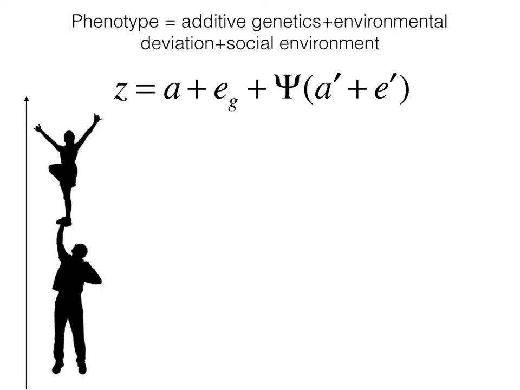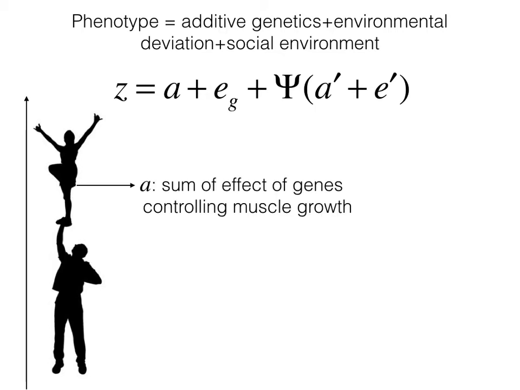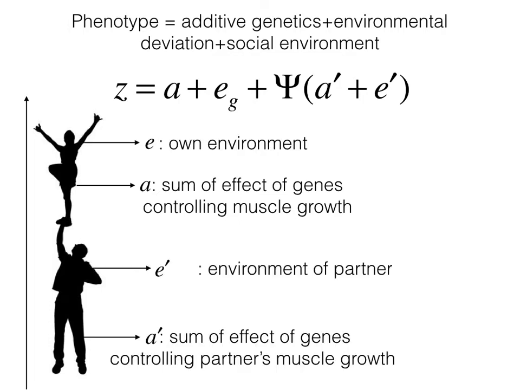So how high can I jump is now a linear combination of the sum of the effect of the genes controlling my muscle growth, my environment, my social partner's muscle growth, and the environment of the social partner.